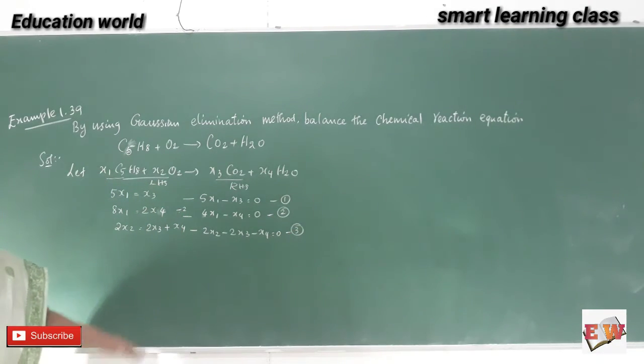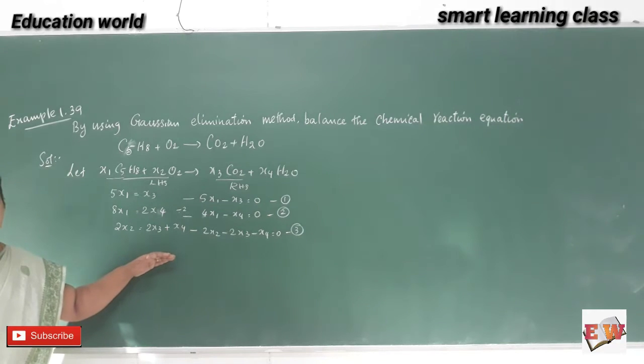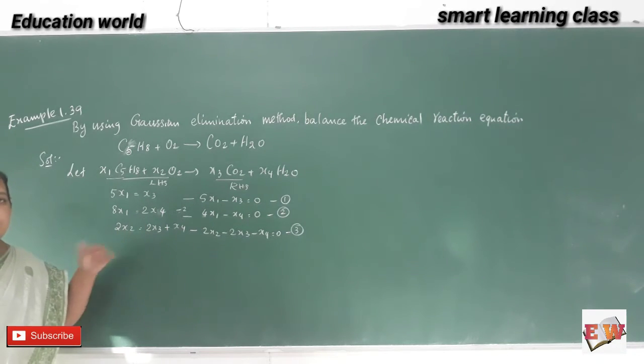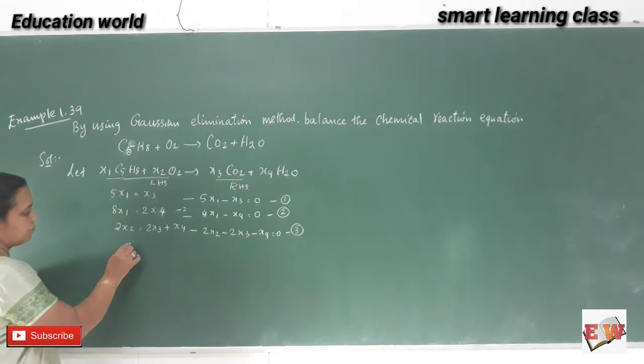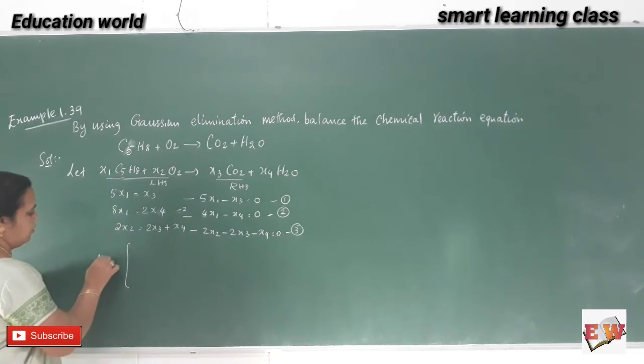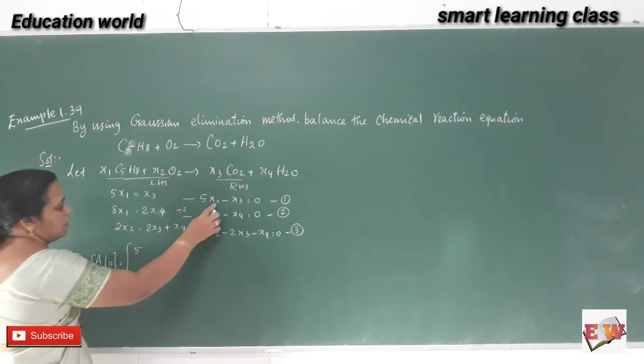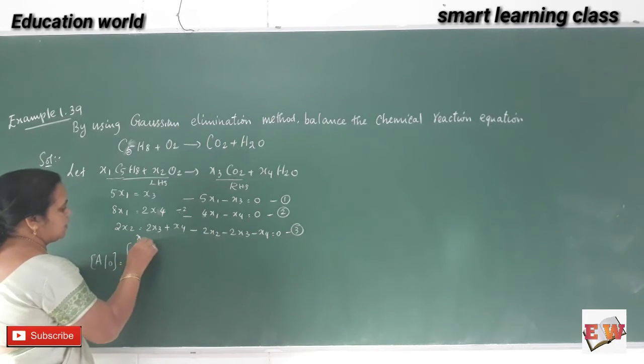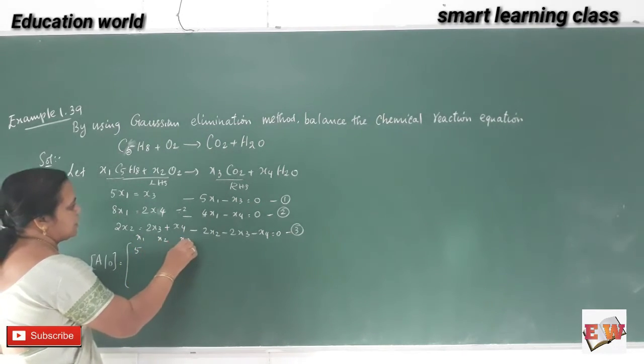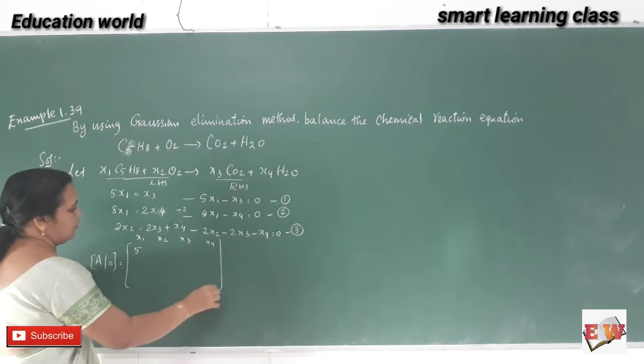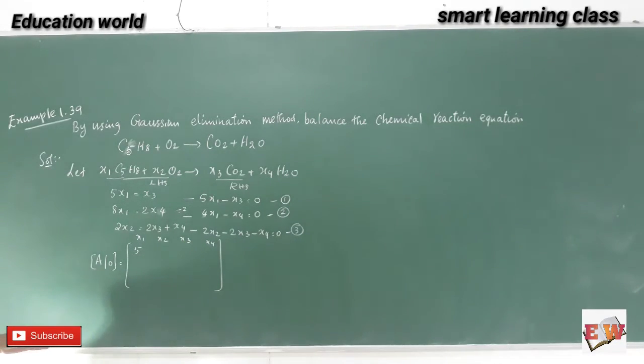By using these 3 equations, we can write the augmented matrix. How? Columns x1, x2, x3, x4. Here 4 unknowns are here. There we have to find 4 values for this.